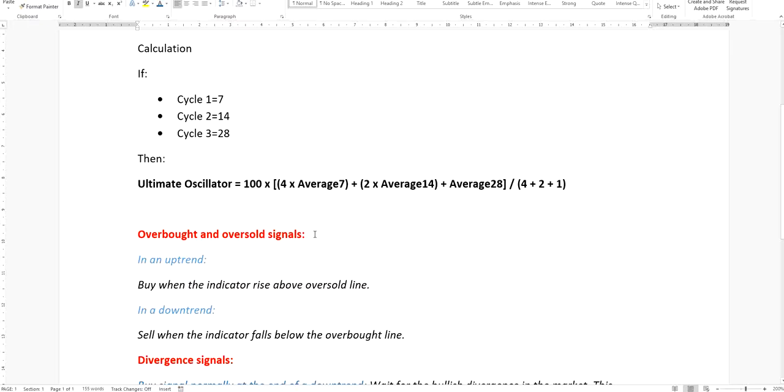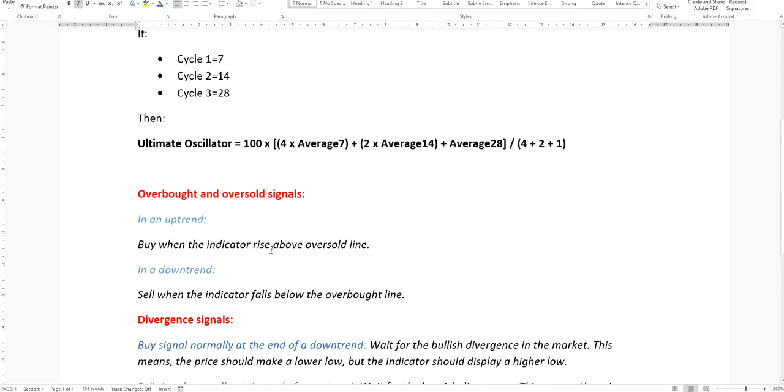Some day traders or scalpers may use these signals in any direction without paying attention to the trend. But we normally try to trade low risk, and we consider trading in the direction of the trend.